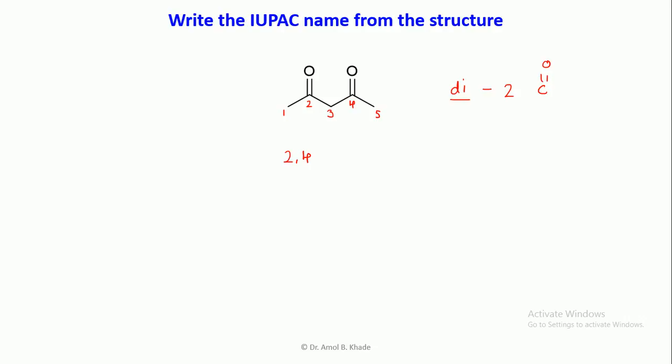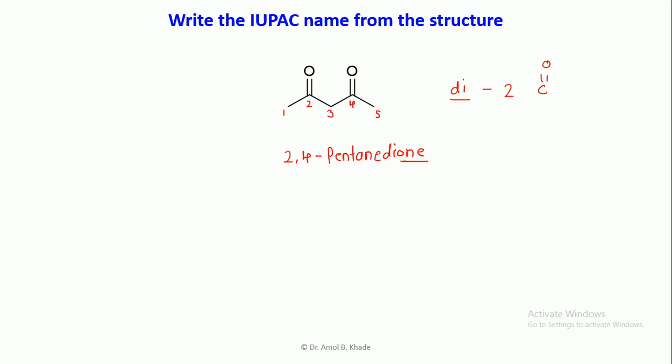So these are present at carbon 2 and 4. Then we can put the dash. Then the hydrocarbon chain is a pentane, so we can write pentane, and then we can write di, O-N-E. O-N-E is a suffix for the ketones, and di represents there are two keto functionalities.